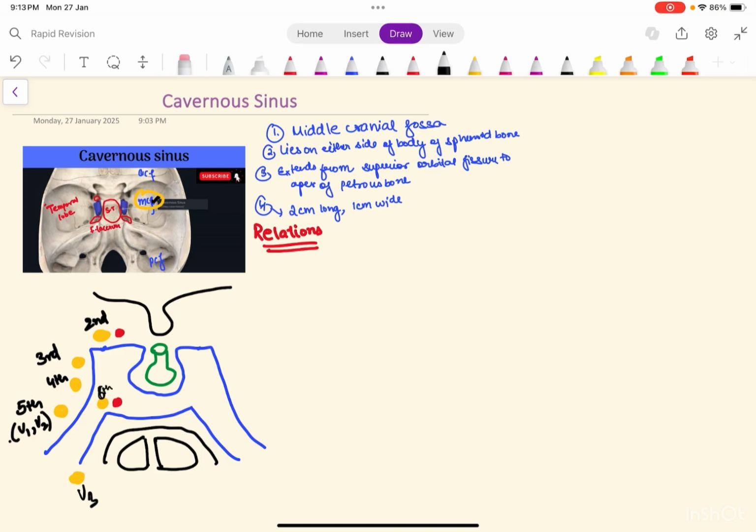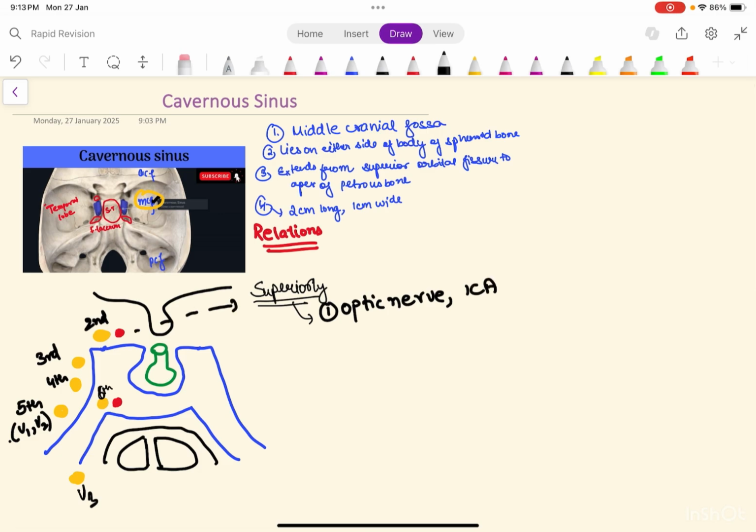Now let's start. Superiorly, you have the optic nerve and the internal carotid artery.